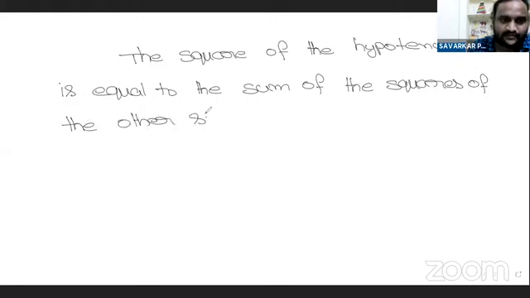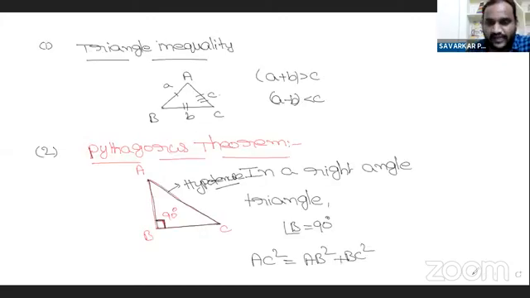There are three sides, and one side is called the hypotenuse. So the square of the hypotenuse is the sum of the squares of the other two sides. This is called Pythagoras theorem.